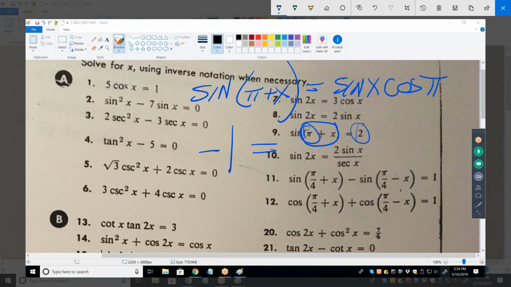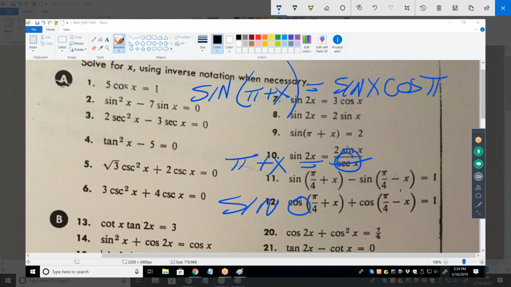It can't be greater than 1 or less than -1. So I really didn't need to apply any identities here. I could have looked at it and said, let pi plus x equal theta. And now you've got the sine of theta equals 2. Impossible, no matter what x is.